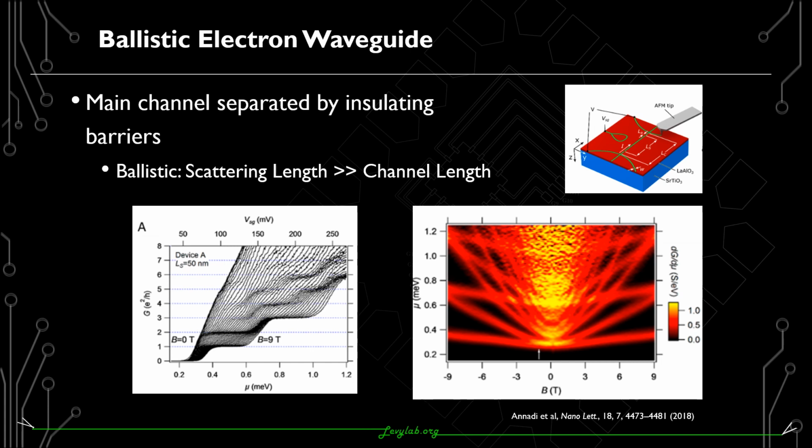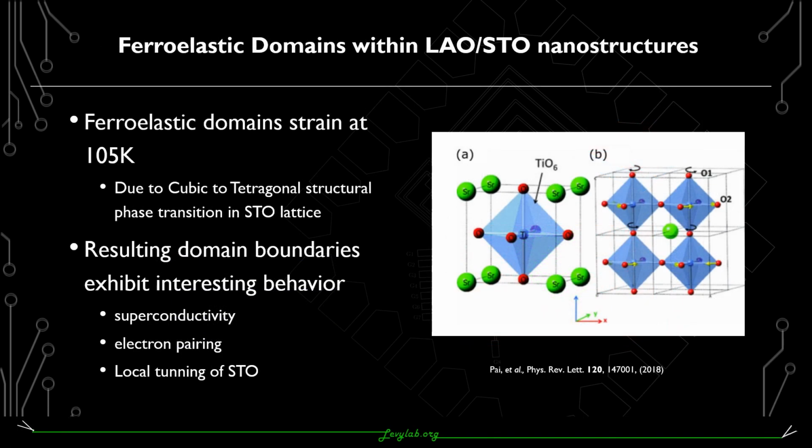We believe that these effects are structural in nature. We believe that some of these effects are related to the ferroelastic domains within LAO-STO nanostructures. This is because at the critical temperature of 105 Kelvin, the strontium titanate strains and forms ferroelastic domains.